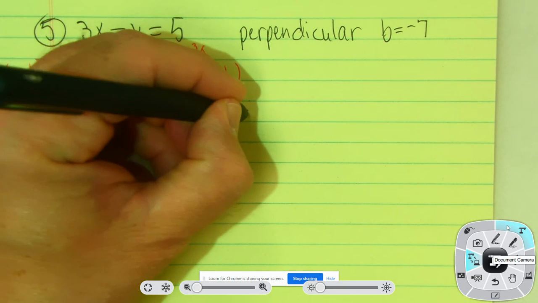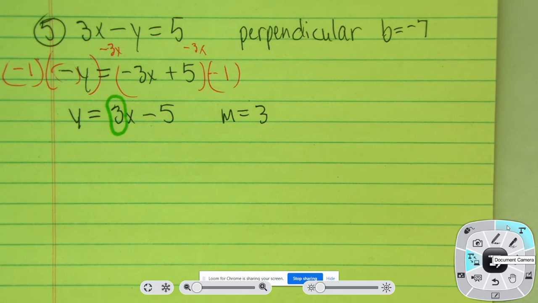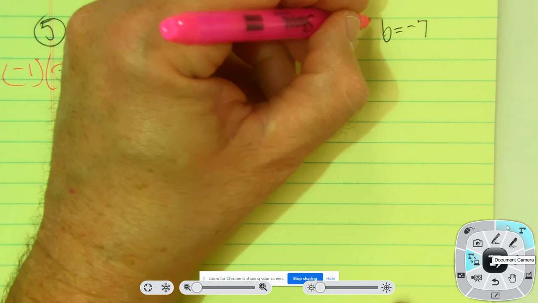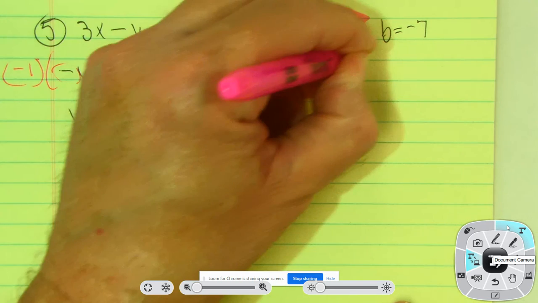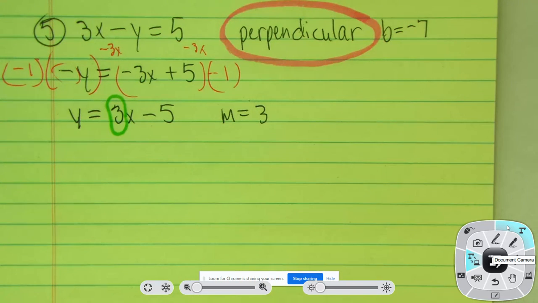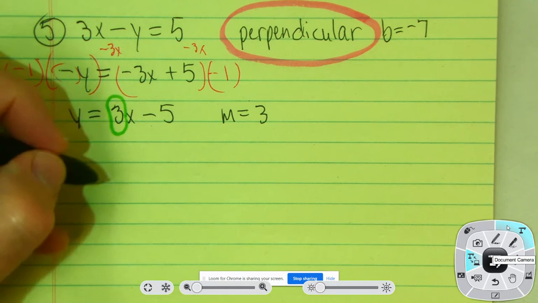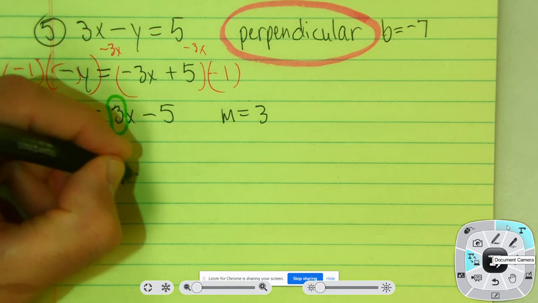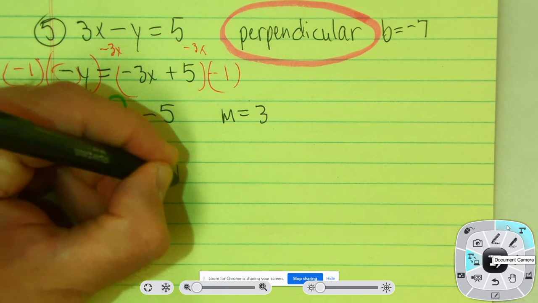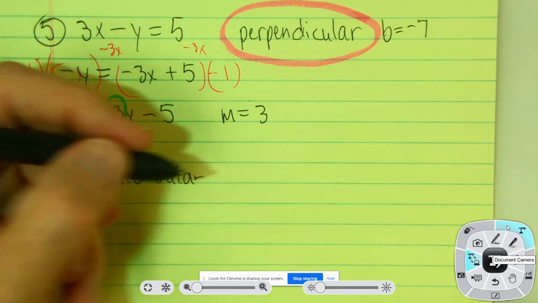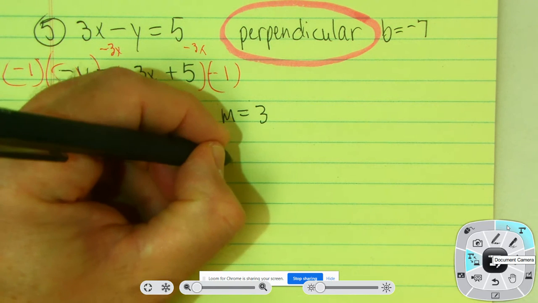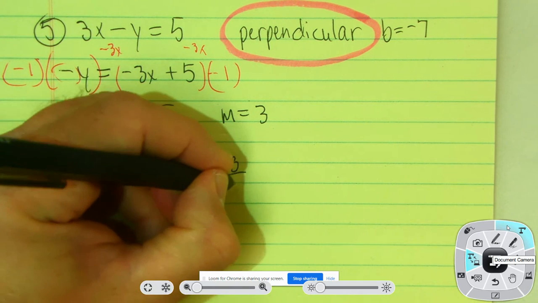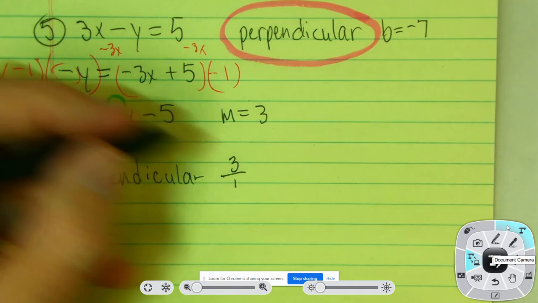But I need to write an equation of a line that is perpendicular. So a perpendicular slope will be the negative reciprocal. So I need to take 3 and write it as a fraction over 1.